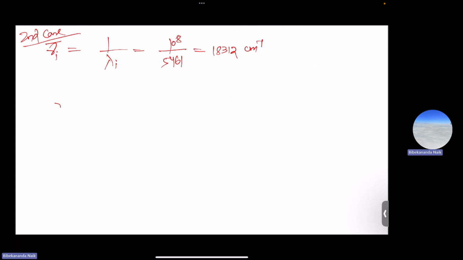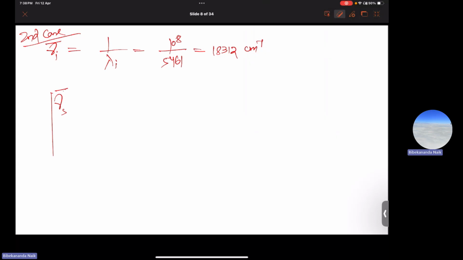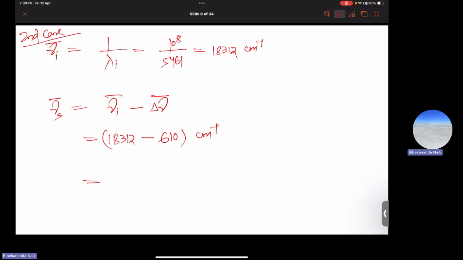So the wave number of the Stokes line will be 18,312 minus delta nu bar, which is 18,312 minus 610 centimeter inverse, which is 17,702 centimeter inverse.